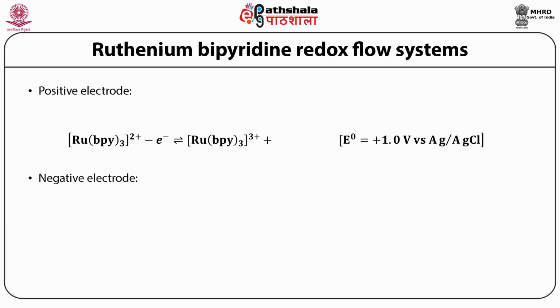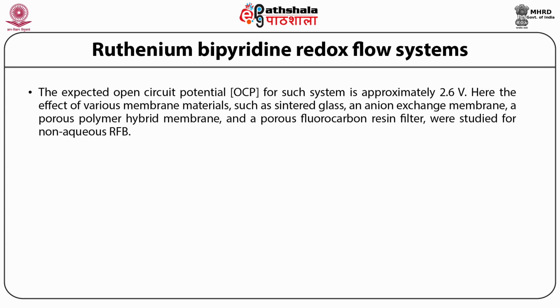At the negative electrode, Ru(bpy)3 2 plus, plus 1 electron, charges or discharges to give Ru(bpy)3 plus, with E naught equal to minus 1.6 volts versus AgCl. The expected open circuit potential or OCP for such a system is approximately 2.6 volts.